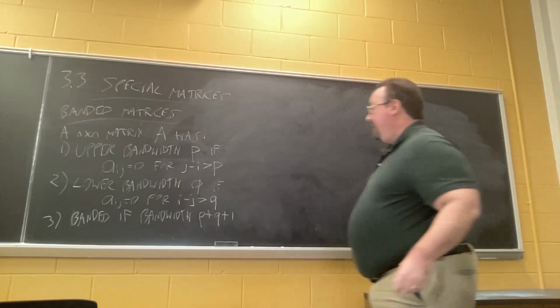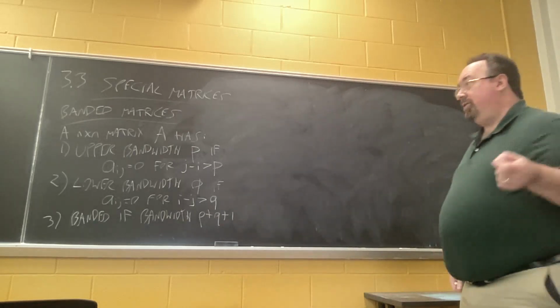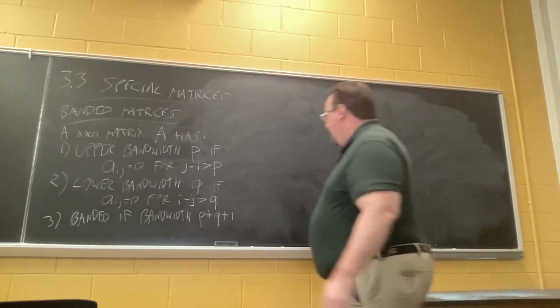P for upper bandwidth, Q for lower bandwidth, and the plus 1 is for the main diagonal.